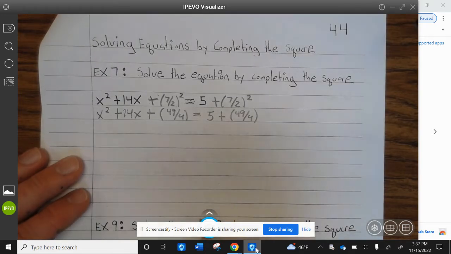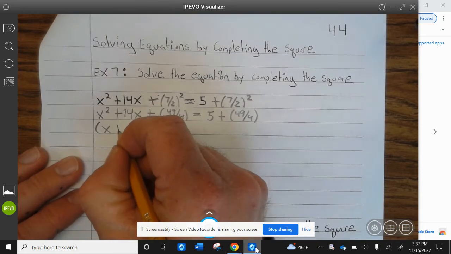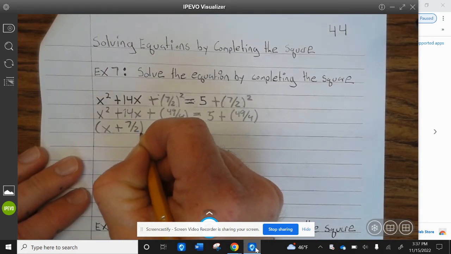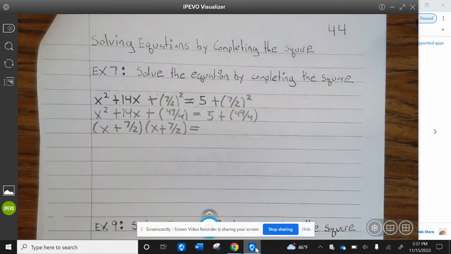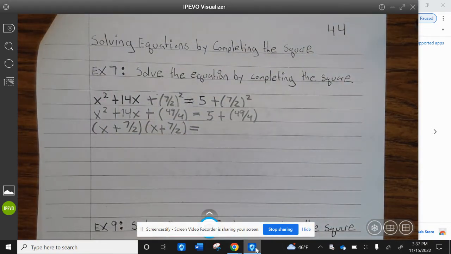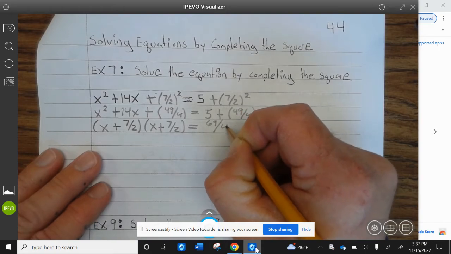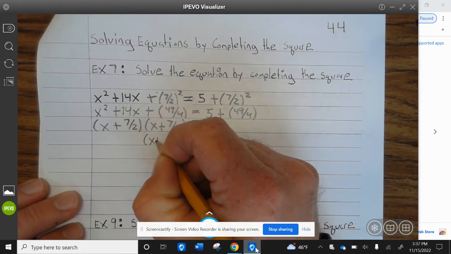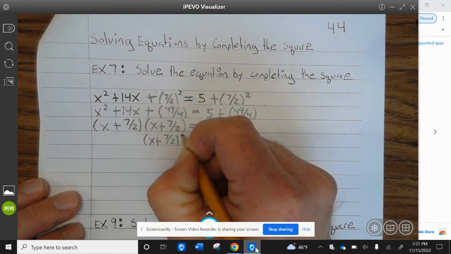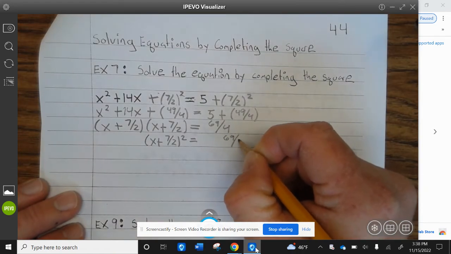Okay, so then that can be written as x plus 7 divided by 2 times x plus 7 divided by 2 equals 5 plus 49 divided by 4, which is 69 divided by 4. Now this can be written as x plus 7 divided by 2 squared equals 69 divided by 4.